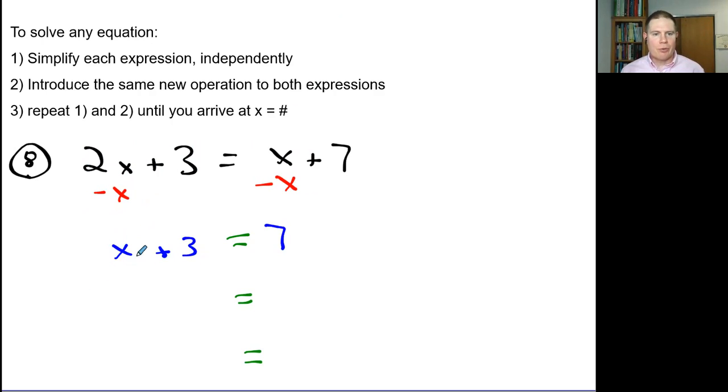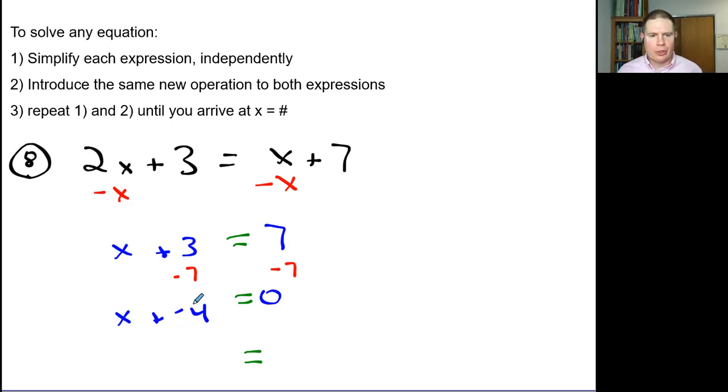Okay? And now from the x plus 3 equals 7, it'd be foolish to subtract 7 from both sides, because that's going to give me the identity by itself over here. And x plus, well, 3 minus 7, that's negative 4 over here, right? That's not giving me x equals a number.